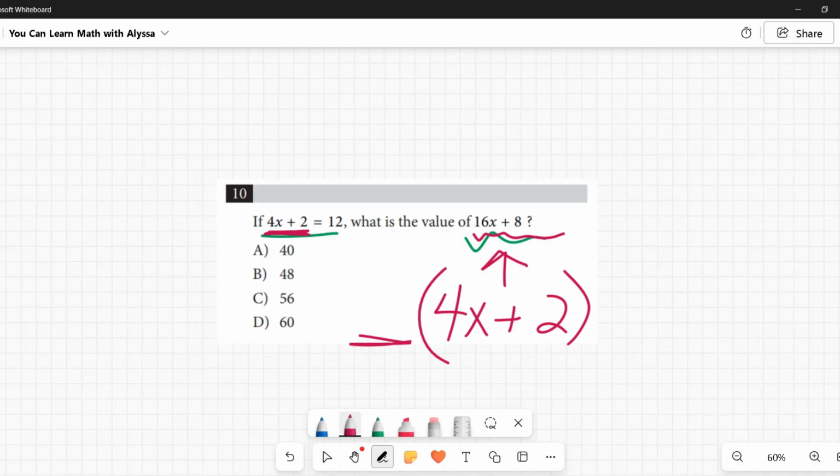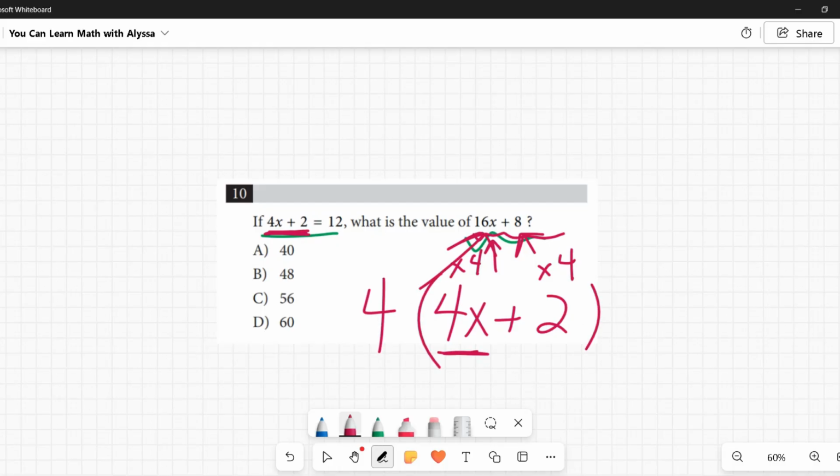And if you know this trick and you can do it accurately and you're confident that you can do it accurately, it's faster. So I go, 4x plus 2, 16x plus 8. Well, if I multiply 4x times 4, I would get to 16x. If I multiply 2 times 4, would I get to 8? Yeah, 2 times 4 is 8. So it's this whole thing times 4 gets me to there.